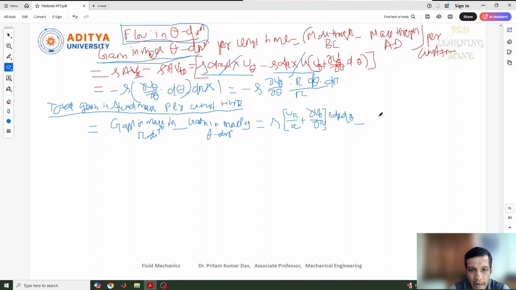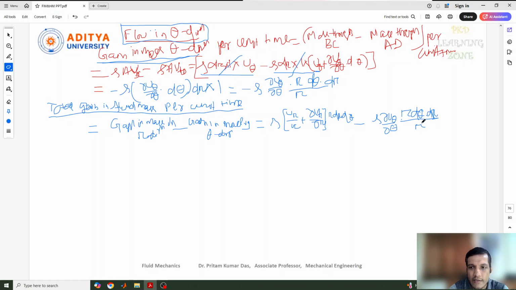Then the theta term: rho into del u theta by del theta into r d theta into dr divided by r.